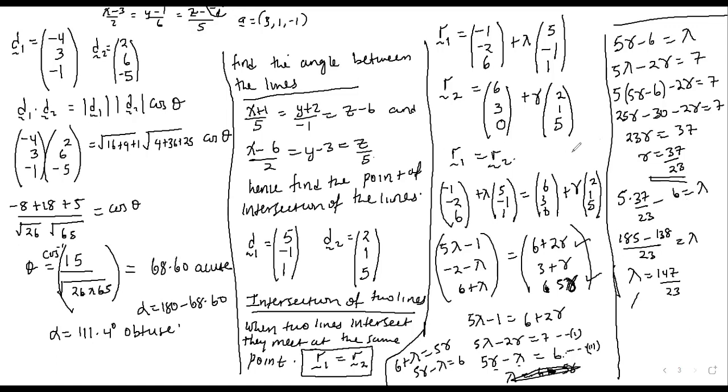Then you substitute gamma here, so that you get 6 plus 2 into 37 out of 23, 3 plus 37 out of 23, and 5 times 37 out of 23. Then you get the answer.